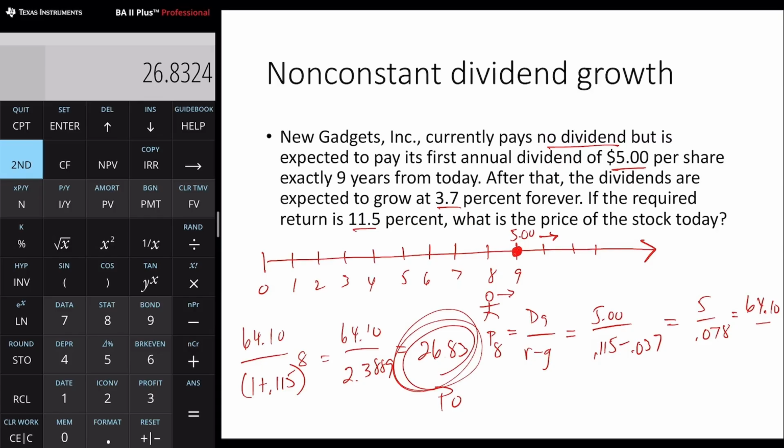And we calculated the price at time 8. And then we said, okay, we need to calculate P0, not P8. So we take this time 8 valuation, and given the required return, we discounted 8 years to time 0. And that gave us $26.83. And that is P0.